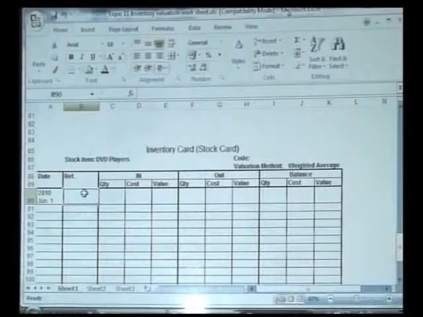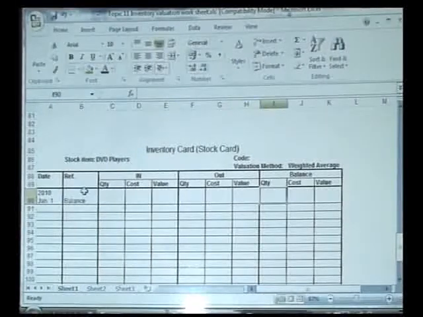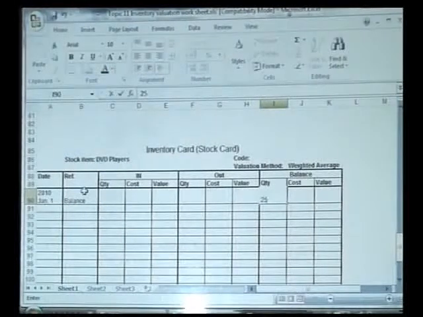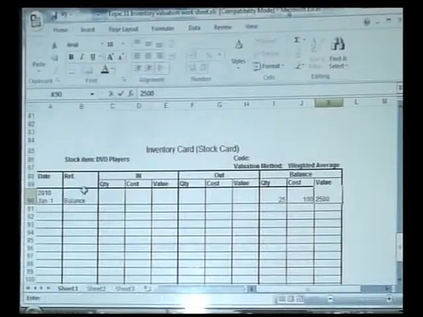First, balance. Balance on this date, 25 units at 100 kina, 2,500.